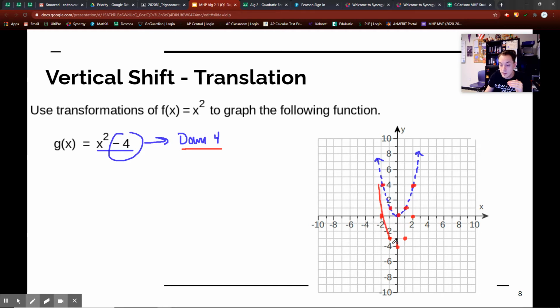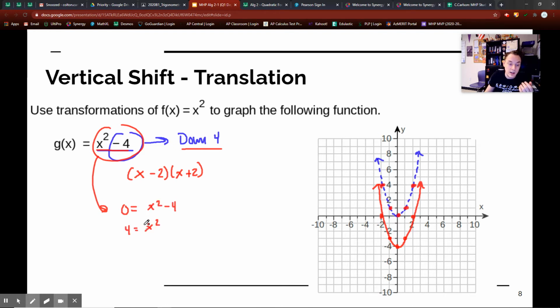And then of course, I can graph it as such. So in red here, that is my actual equation. Now this shouldn't be a surprise, because look at this graph. It's x squared minus 4. I can split that up into x minus 2 and x plus 2. This is a difference of squares. Or I can say equals 0, then x squared minus 4, add the 4 over, take the square root, plus or minus 2.